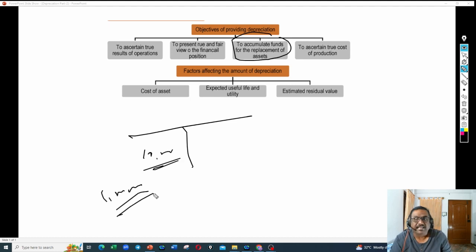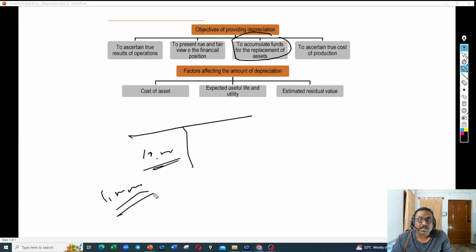So by the end of the 10th year, I should have 1 lakh rupees of funds available. What am I going to do with this 1 lakh? I'm going to use it for replacing the existing old asset. So this 1 lakh of accumulated funds can be used for replacing the existing asset.